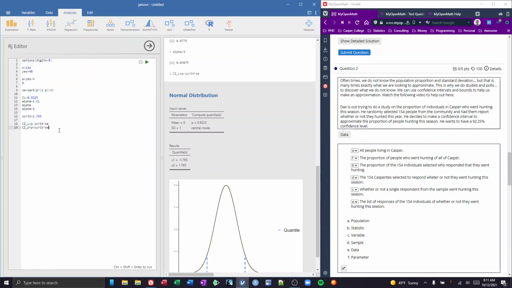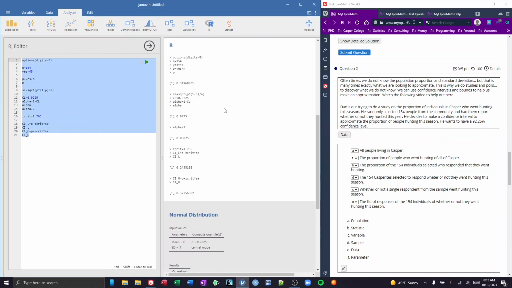Oh, and then I actually want to see what my confidence level is. So if I want to do that, I just have to type it out again: confidence interval lower, confidence interval upper, and now let's run this. Okay, so now I have an upper and a lower bound. I have this lower bound of 0.2458 and this upper bound of 0.3775.